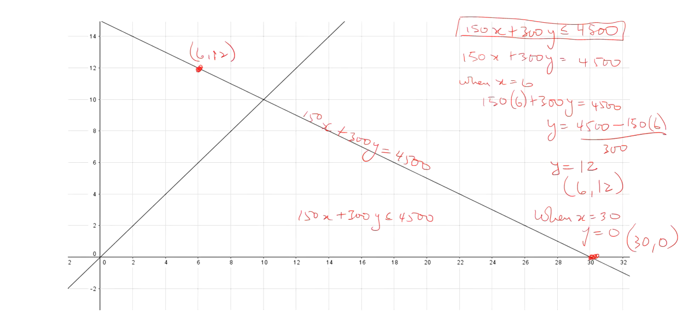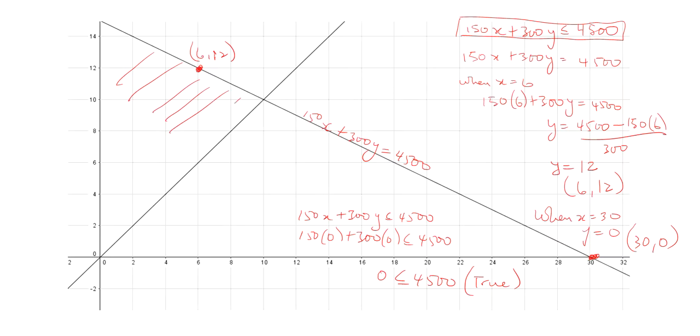I'm going to use the point 0, 0. So if I use the point 0, 0, we end up with 150 by 0 plus 300 by 0 is less than or equal to 4500. So therefore 0 is less than or equal to 4500. So this statement is true.